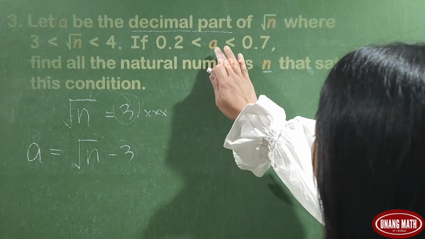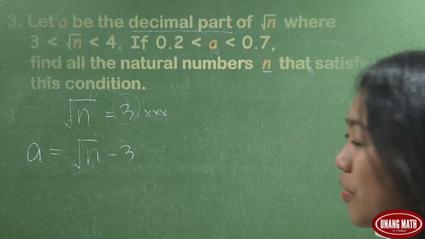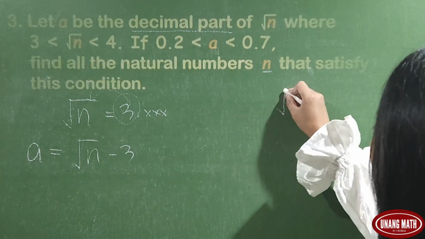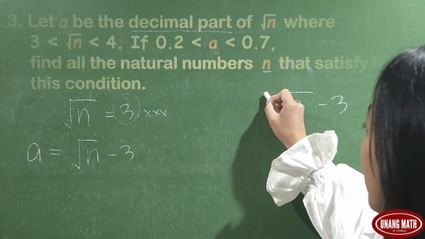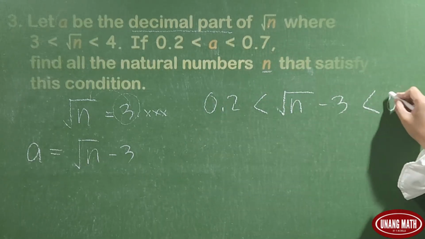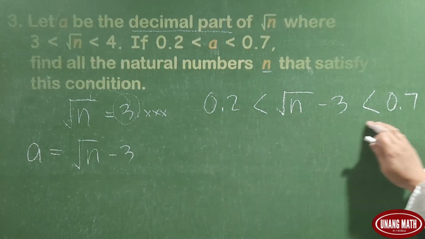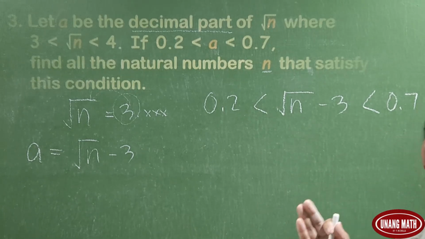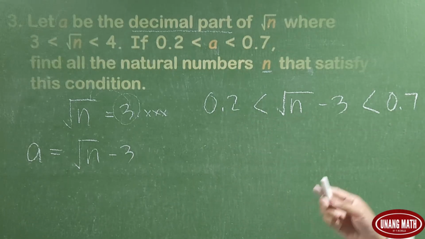Okay, now, A here is greater than 0.2 but less than 0.7. Our A is square root of n minus 3. So square root of n minus 3 is greater than 0.2 but less than 0.7. Here, we are going to use the property of inequality to make these numbers more simple.